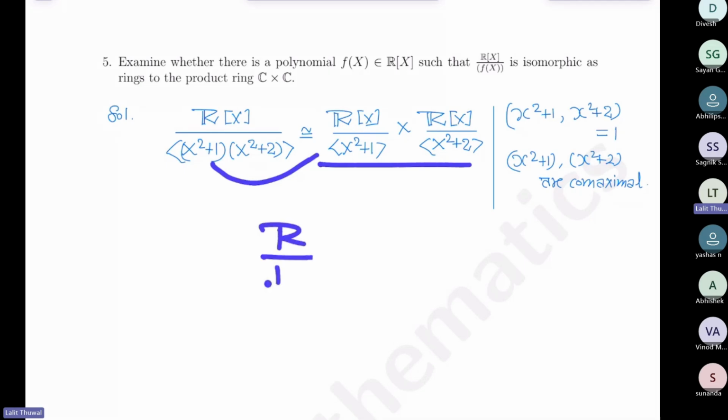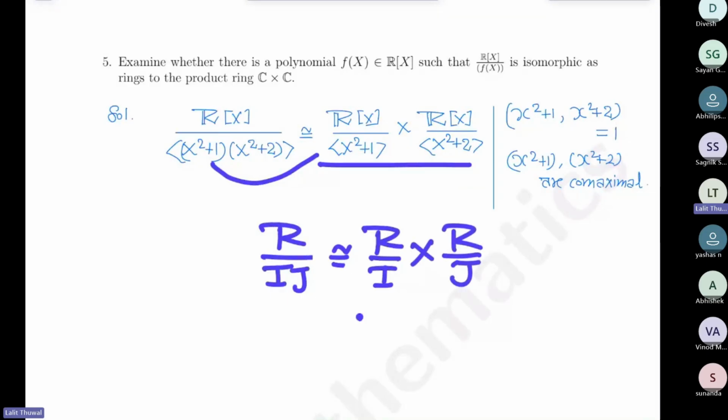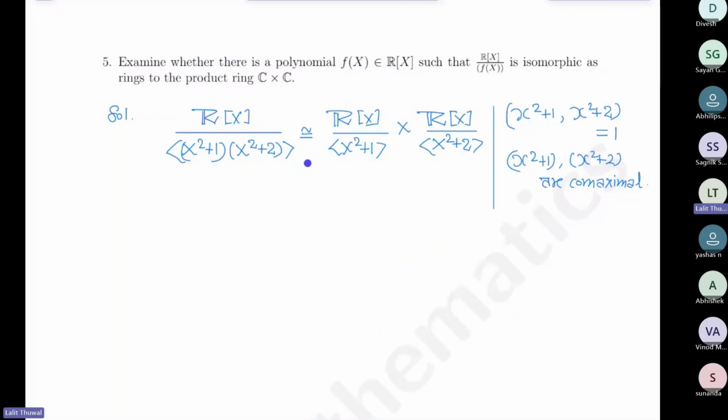If I and J are co-maximal, then R modulo IJ is isomorphic to R modulo I cross R modulo J, and the isomorphism is canonical, which sends r plus IJ to (r plus I, r plus J). And this is an isomorphism. So I have just applied it. Okay. Is it clear? Yes, sir.